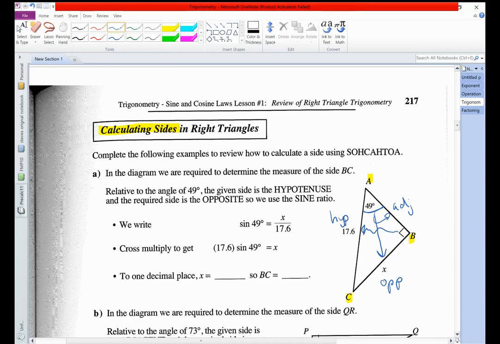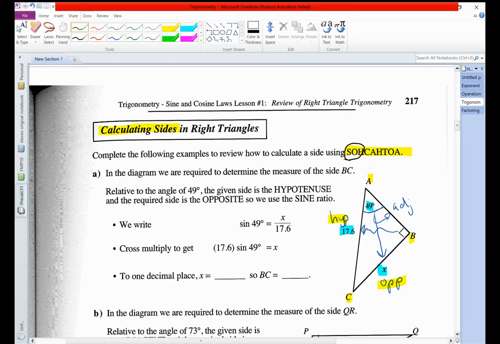So you can see, what do we know? We know this angle, we know this side, and we're trying to find that value. So we need to know two pieces of information to find a third. So it looks like we know the hypotenuse and are looking for the opposite. So if we're looking at SOHCAHTOA, the ratio that is opposite and hypotenuse is the sine ratio.